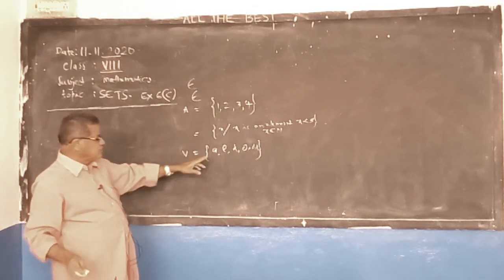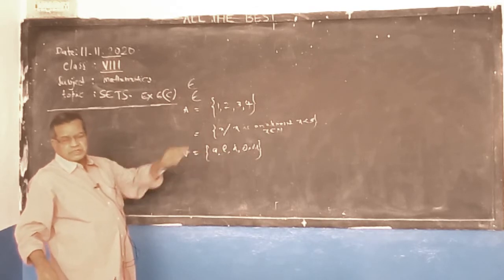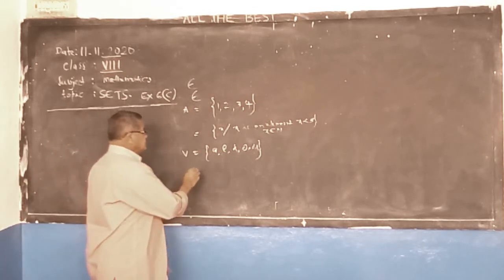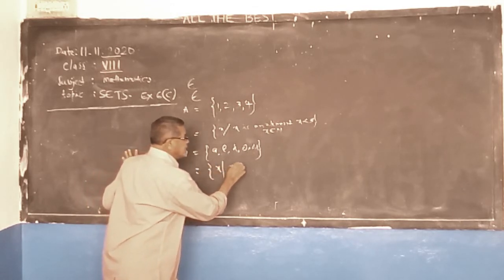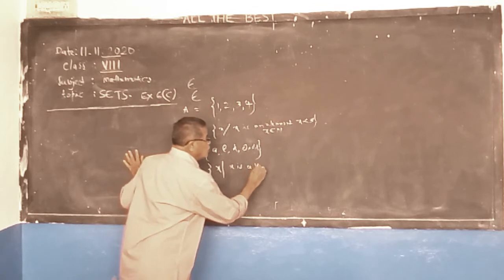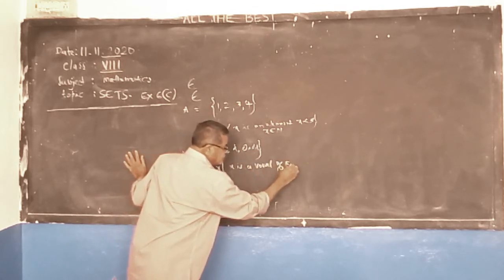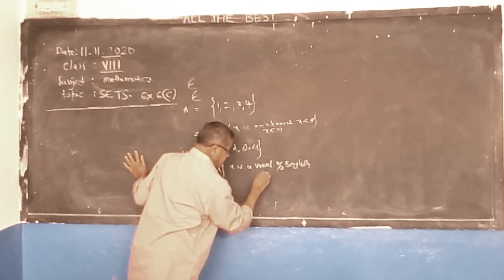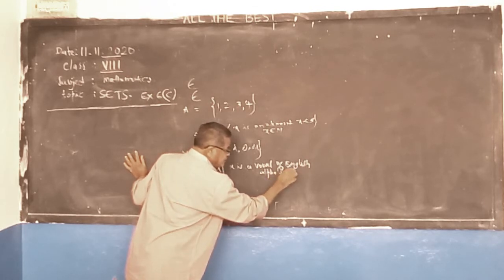The elements are the vowels of the English alphabet. We write: x is such that x is a vowel of the English alphabet. This is the way of writing set builder form.